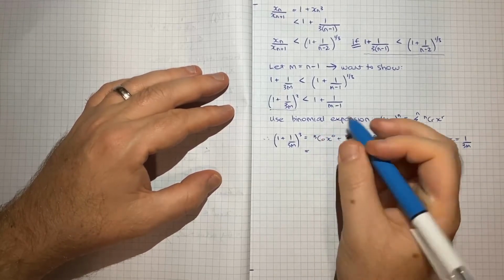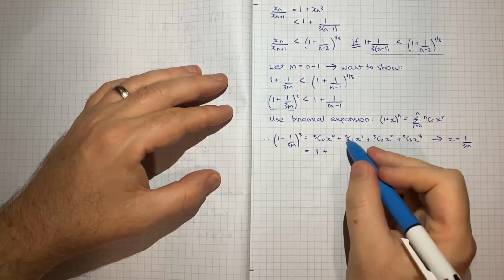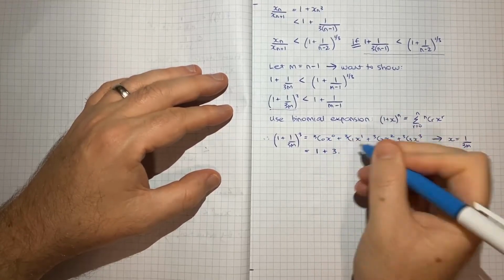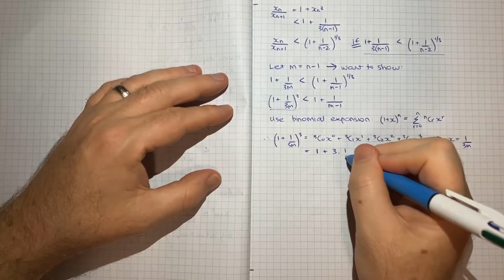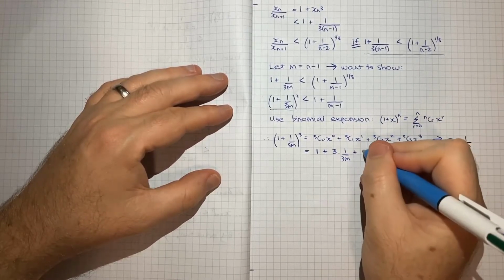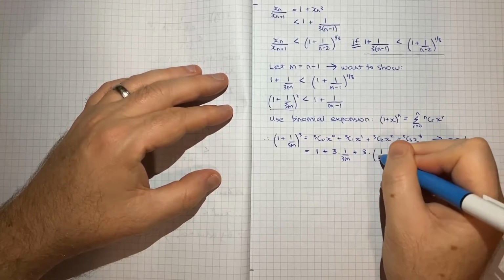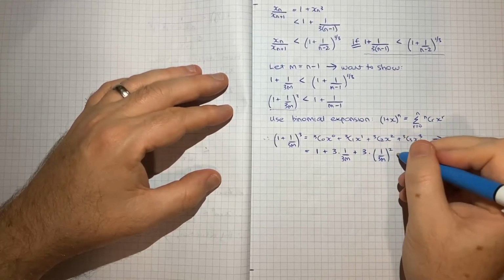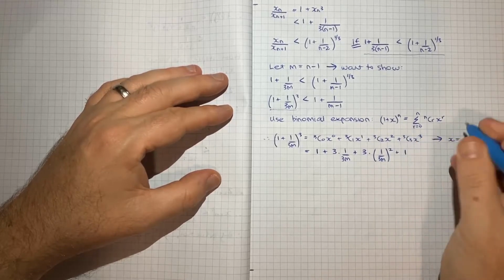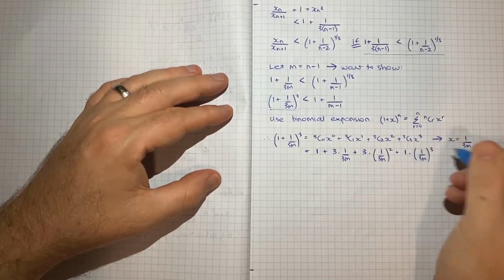So we can simplify that. 3C0 x to the 0 will simply be 1, plus 3C1 will be 3 times x, 1 on 3m. 3C2 will also be 3 times 1 on 3m squared. 3C3 will be 1 times 1 on 3m cubed.